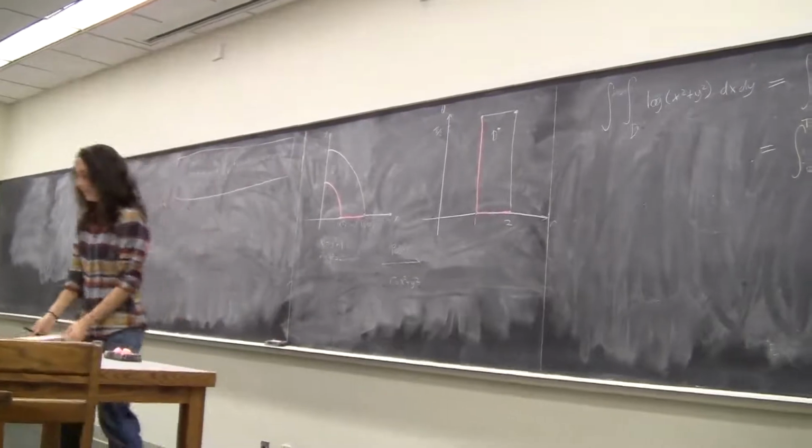Cool. Thank you for listening. Whoa, that's really spread out. I don't think it's bad though. It's perfectly beautiful. Any comments? The r dr d theta over there is kind of floating off in space.